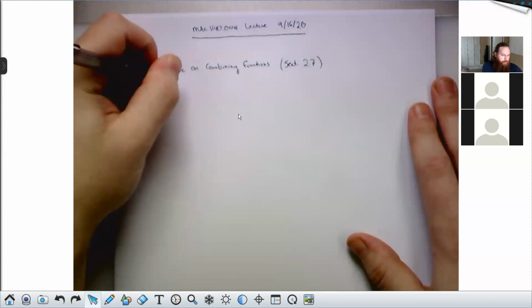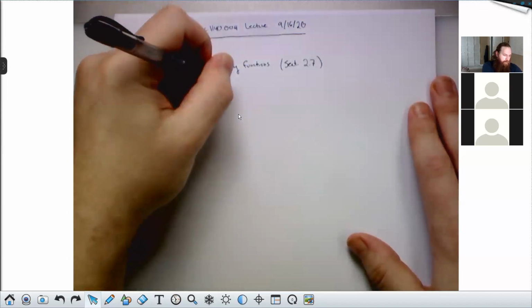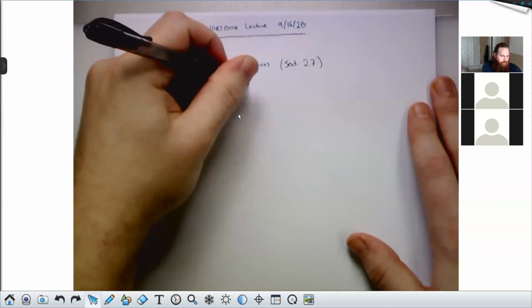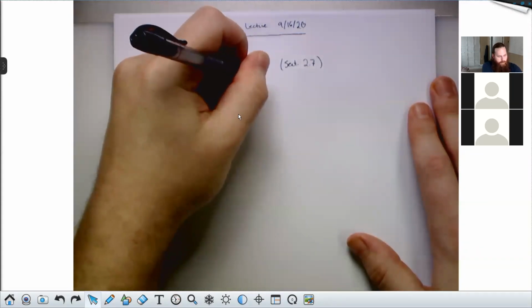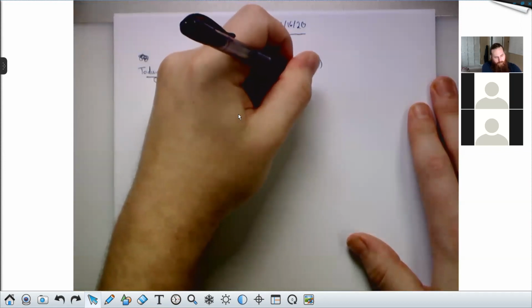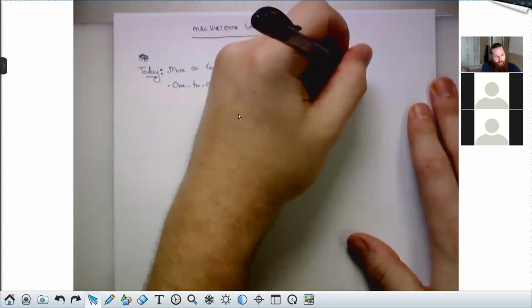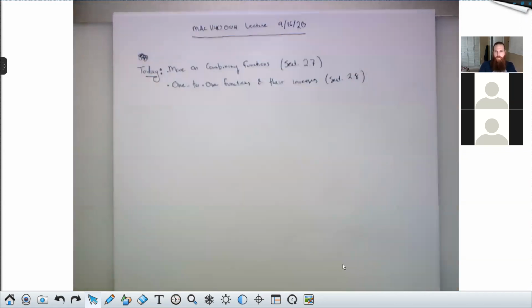And then we're also going to talk about one-to-one functions and their inverses. So a lot of stuff to cover today, which means there isn't a lot of time to play around or work extra things.